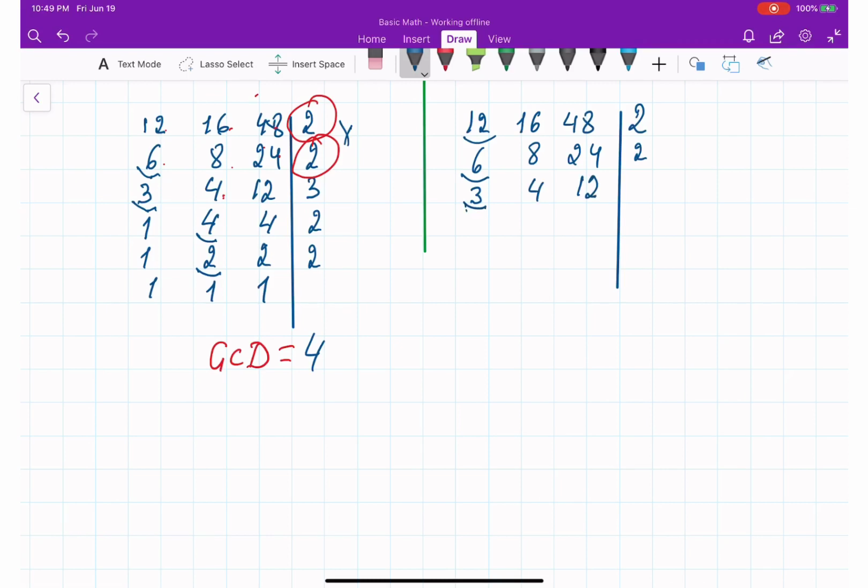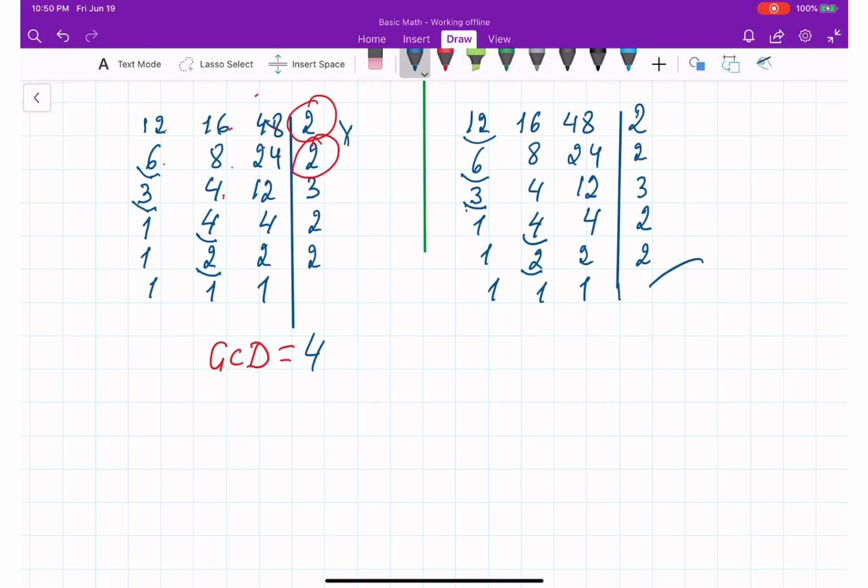So 3 I can divide by 3. I get 1, 4. 12 by 3 is 4. Now I'm using the second one because the first already got 1. I can divide by 2. So 1, 2, and 2. And these 2 I can divide by 2. And I'm getting all three 1.